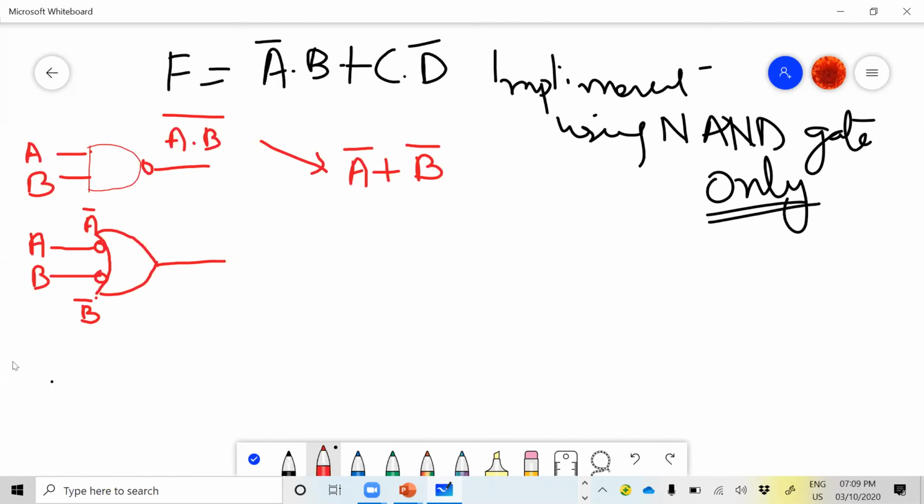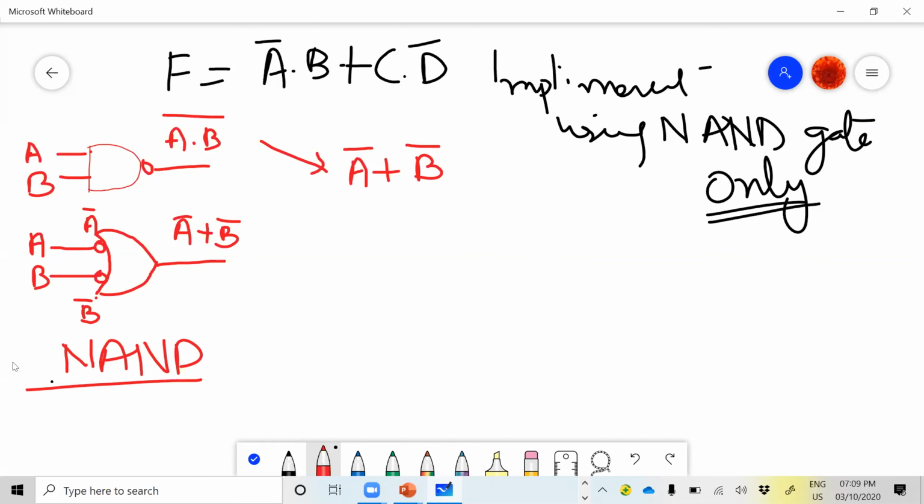Overall, next is the OR gate. So first complement, then OR gate. The function after that will be A complement plus B complement. You getting this? Yes. So can we say both gates are implementing the same thing? Both are NAND gates. Yes.